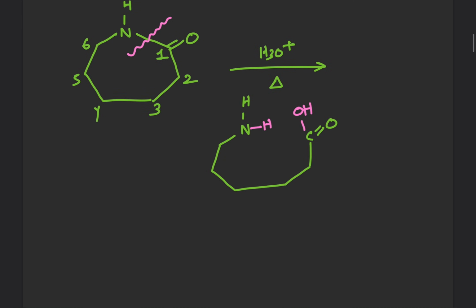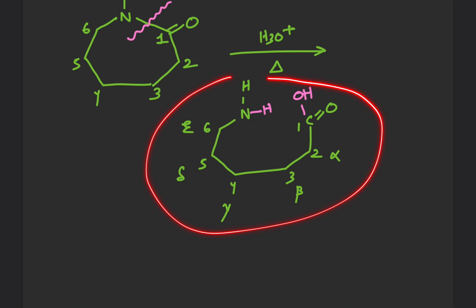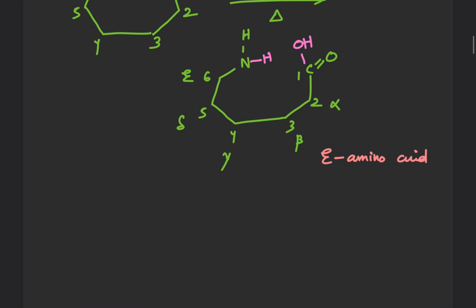So this is what I'm going to get. Okay, so giving numbers to the carbon: 1, 2, 3, 4, 5, 6. Okay, so you can see this is an amino acid. Okay, and let's say this is the alpha carbon, beta carbon, gamma, delta, epsilon. So you can see the NH2 group is on the epsilon carbon. So that's why these guys are also known as epsilon amino acid. Okay, so this is our Y.